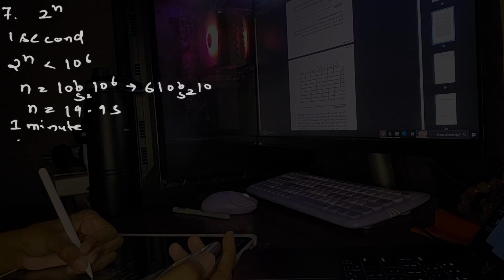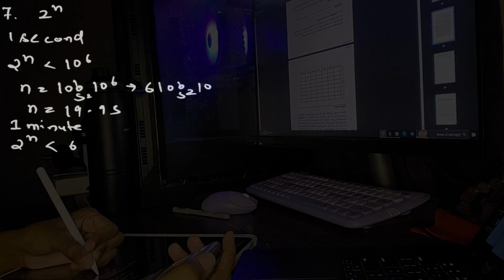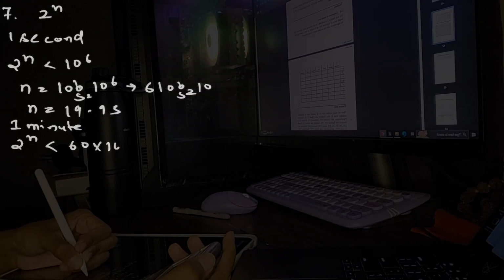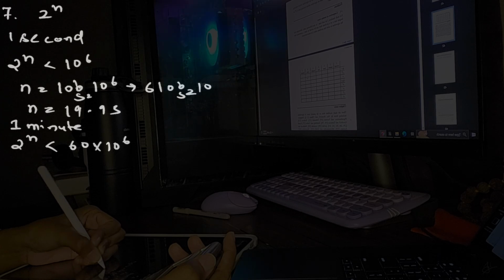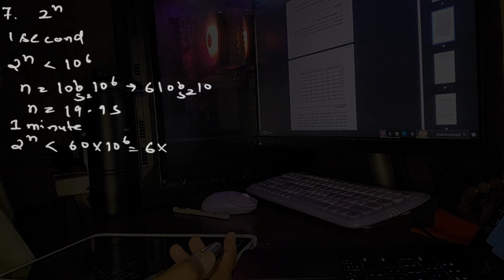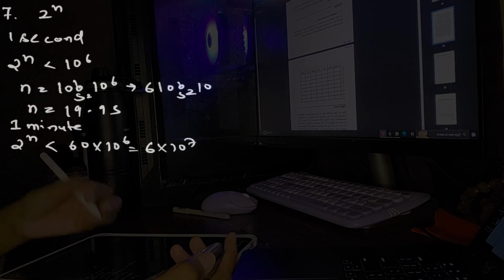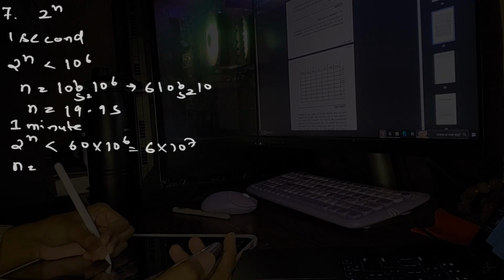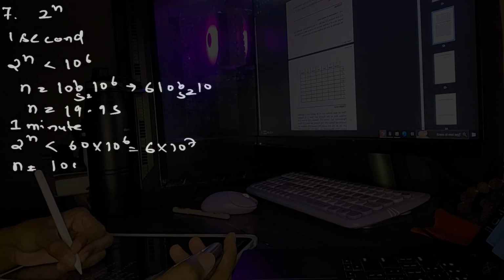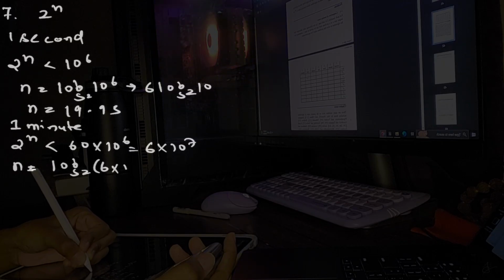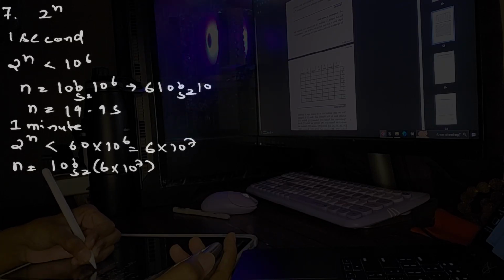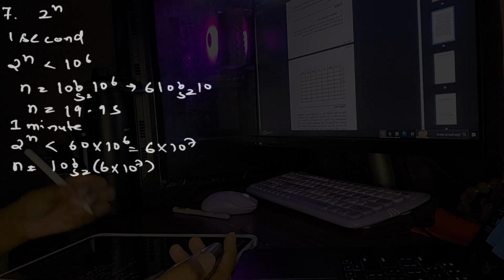For 1 minute, 2 to the power of n is 60 into 10 to the power of 6, which is nothing but 6 into 10 to the power of 7. And n would be log base 2 of 6 into 10 to the power of 7. Okay, let's do it.